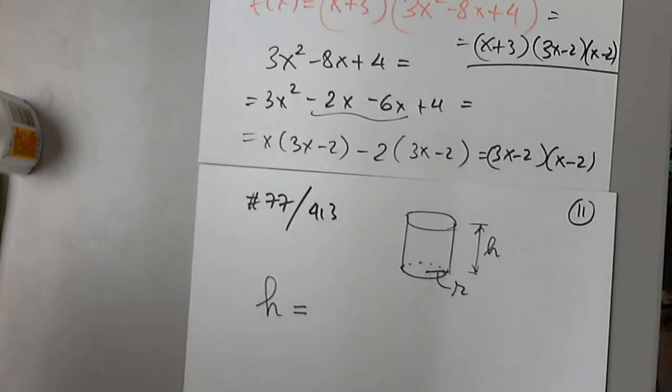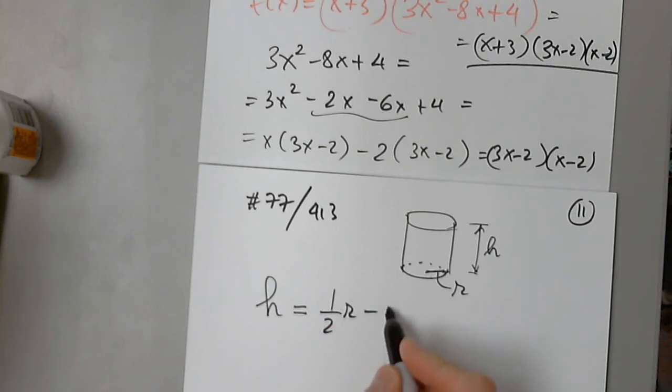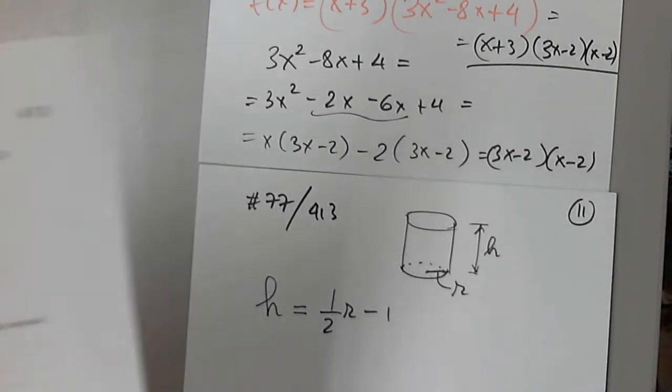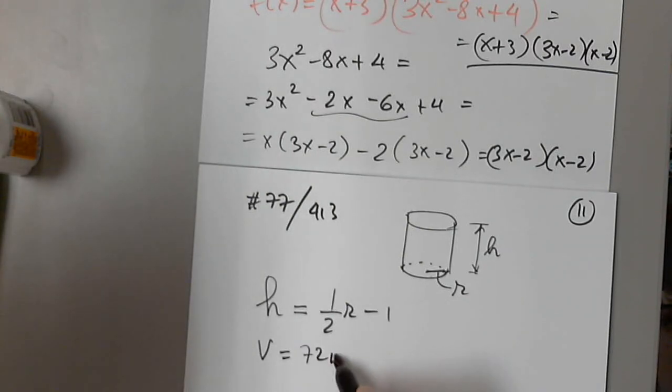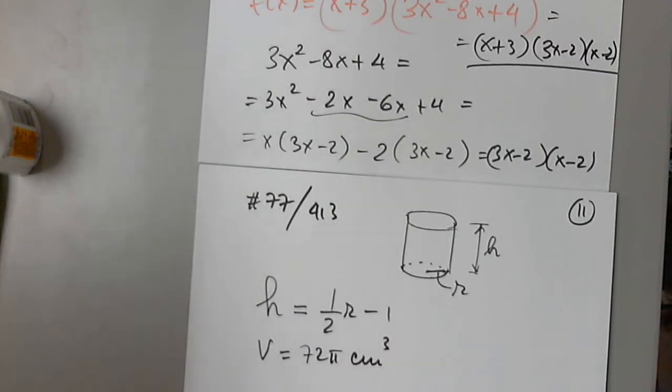So the height is 1 less than 1/2 the radius. Very good. The volume is 72 pi cubic centimeters. Find the dimensions of the right circular cylinder.